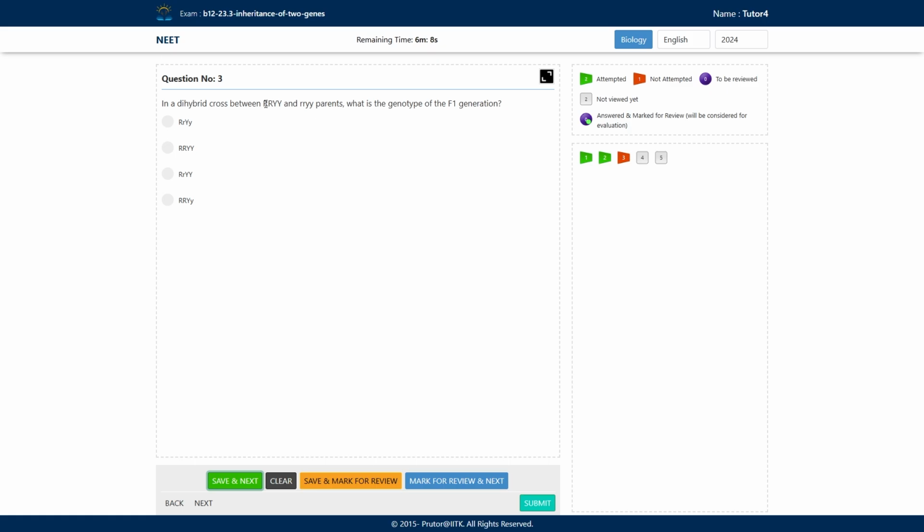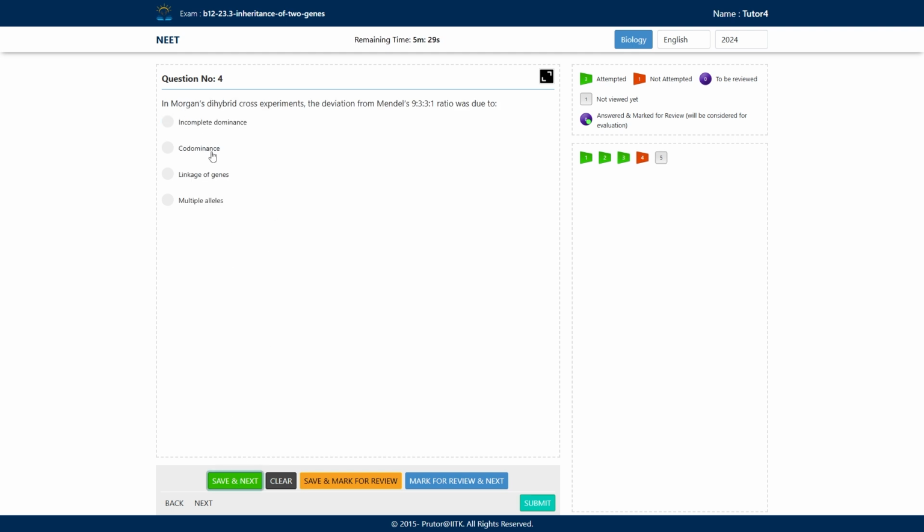See, you will make the gametes of one of the parents first. One parent is homozygous dominant, another parent is homozygous recessive for both the traits. So gametes produced by capital R, capital Y will be capital R, capital Y. Gametes produced by small r, small y will be small r, small y. So the F1 will be capital R, small r, capital Y, small y. So answer will be option number A here. Okay, clear?